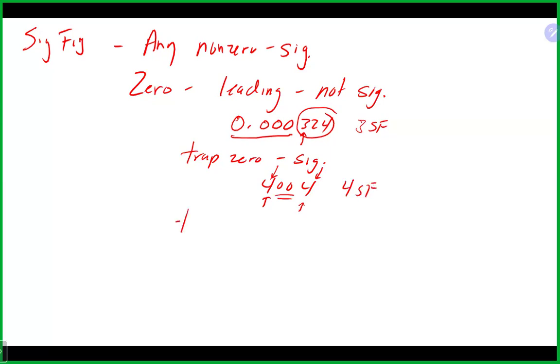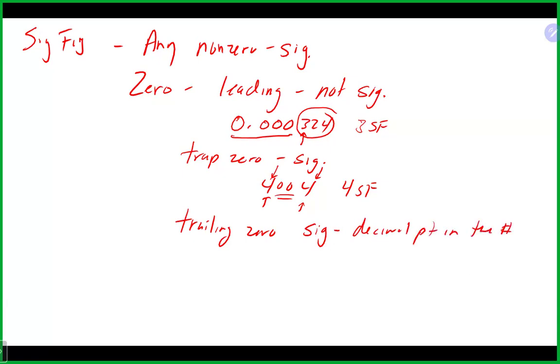And then probably, again, the sort of zero that gives most people trouble is that trailing zero. And that's the zero at the end of a number. And what gives people trouble with that, again, is it may or may not be significant. And what determines whether or not it is significant is, is there a decimal point in the number?